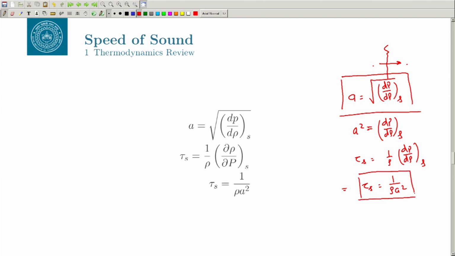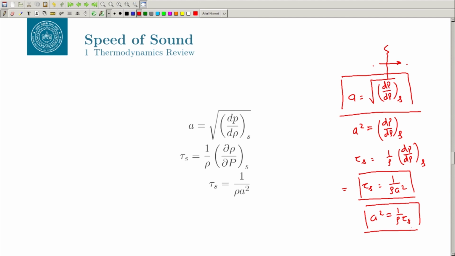So, your speed of sound can be expressed in terms of the compressibility of the system. If the system is more compressible, A square will be 1 by rho tau s. So, if the system has higher isentropic compressibility, you will have lower speed of sound.